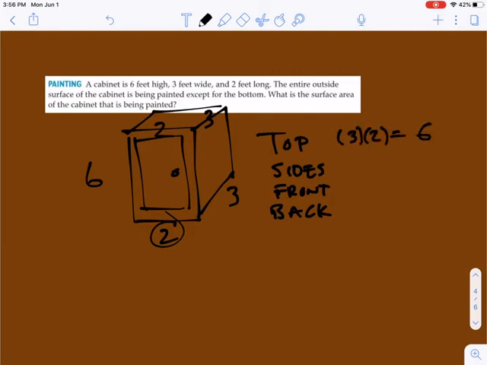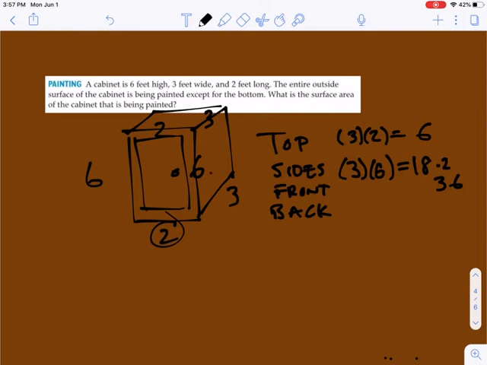The sides are 3 times 6, because remember your height, right? So 3 times 6 gives me 18, and there's 2 of them, so 18 times 2 gives me 36 for that.